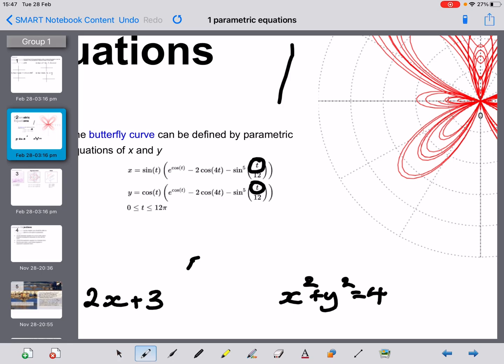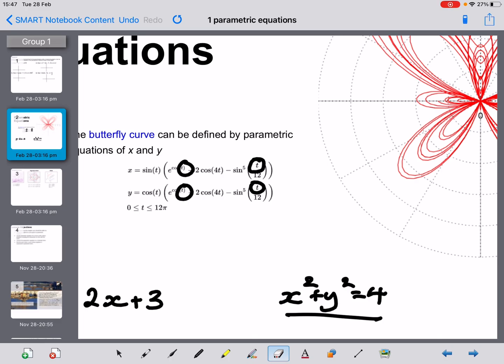So you can see instead of one equation that just involves x and y, we've now got two separate equations. Both of them are in terms of t. So the t is the parameter.